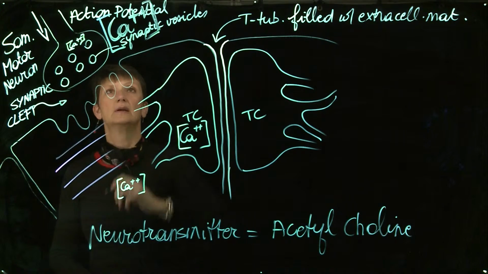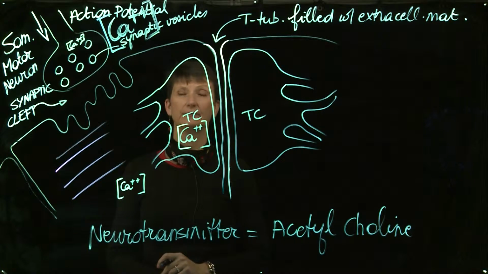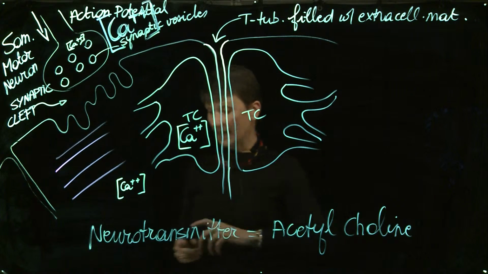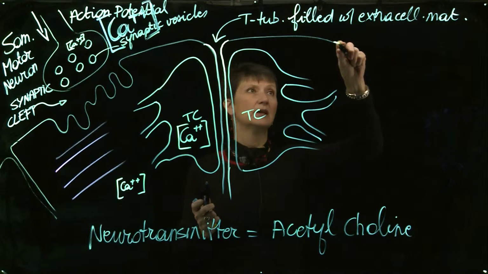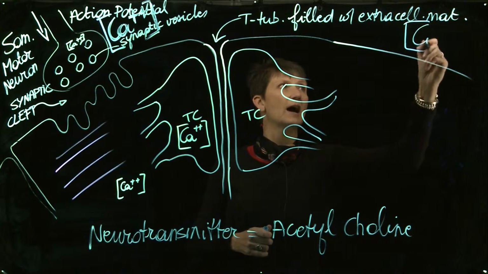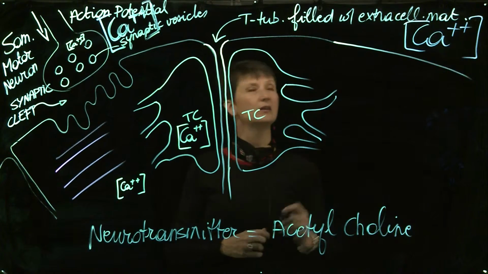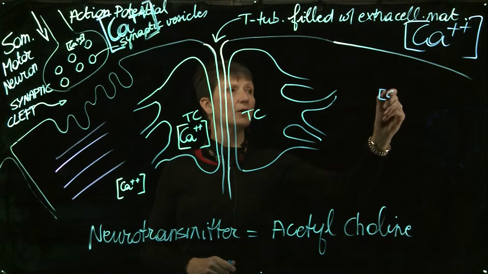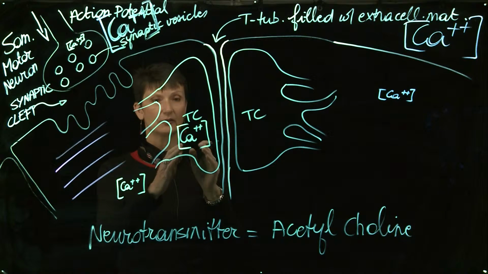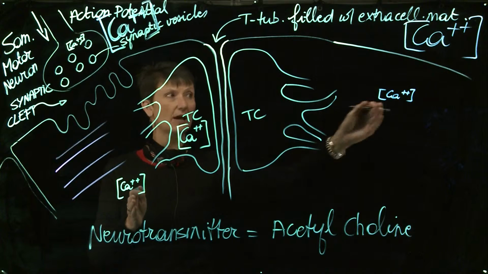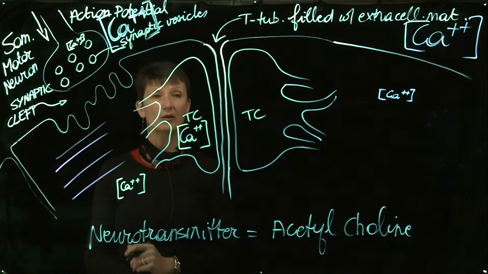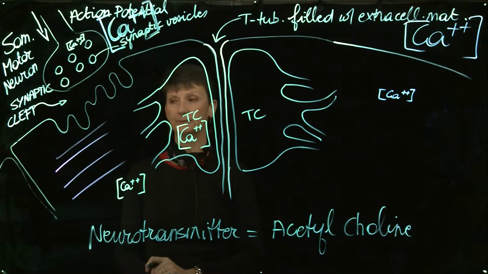And so outside any cell, whether it's our neuron or our muscle cell, the calcium concentration is going to be much higher than inside. So our calcium concentration outside our muscle cell is much higher than in its sarcoplasm. But if we compare the concentration of calcium in the terminal cisternae with that of the sarcoplasm, the terminal cisternae is much higher. And remember, ions always follow their concentration gradient.